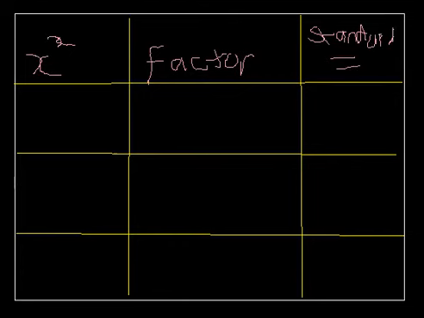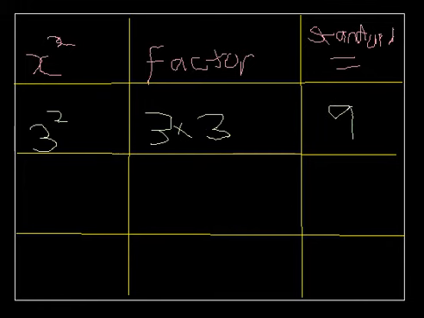Okay, so let's put out some numbers. We'll do 3 to the power of 2. In factor form, this would be 3 times 3, and the answer would be 9. Let's do a negative exponent. So we'll do 4 to the power of negative 3.